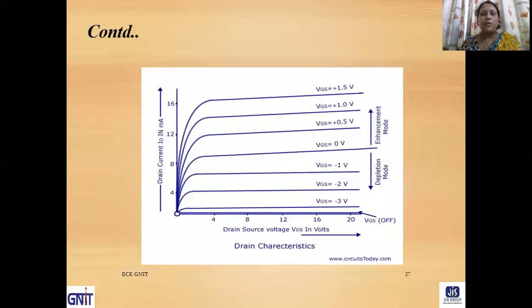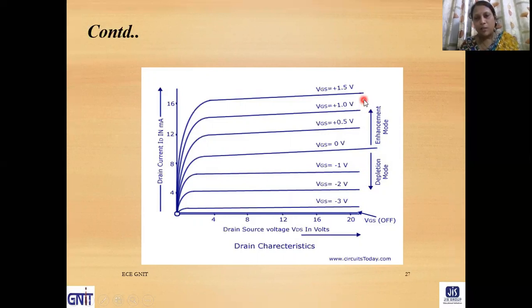So now the drain characteristics. The X-axis is VGS, the gate to source voltage. The Y-axis is drain current. The same device can act in depletion mode as well as enhancement mode. When VGS is negative, the device acts in depletion mode as the induced charge opposes the channel charge carriers present in the channel.